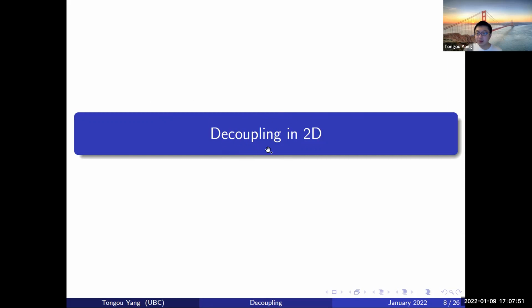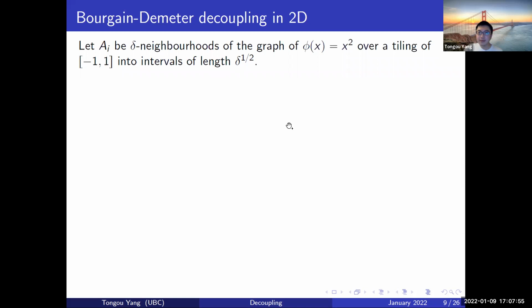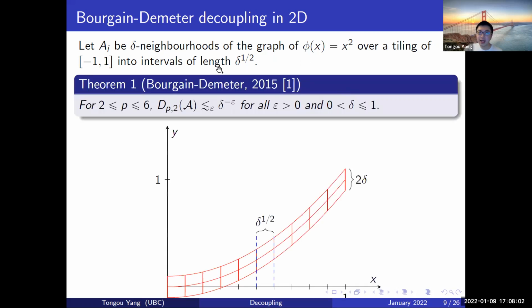For example, in the most important result in 2D, which is due to Bourgain-Demeter, we let A_i be the delta neighborhoods of the graph of the standard parabola over a tiling of [-1,1] into intervals of length delta to the power 1/2. A picture looks like this. The interesting part is that the function now is curved, because the curvature of this function is constant.